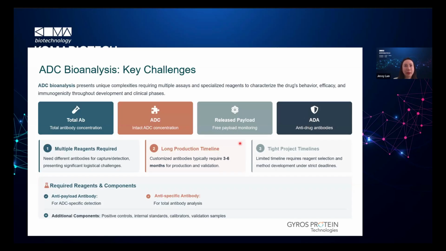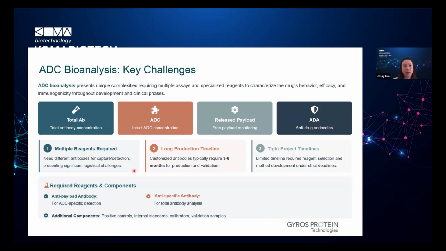So that means in ADC, we have more assays or methods that need to be developed, and thus more reagents are needed. So the first challenge is that multiple reagents are required to set up a good assay.